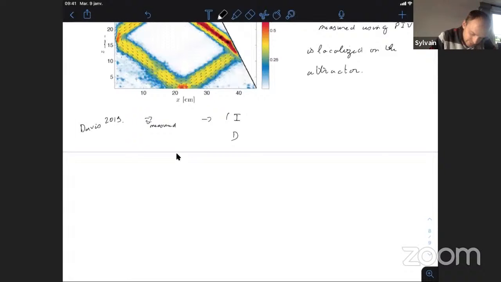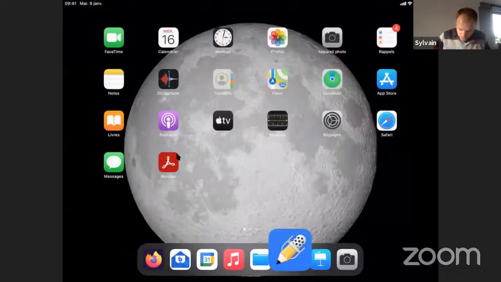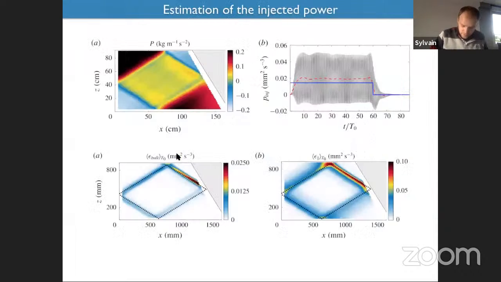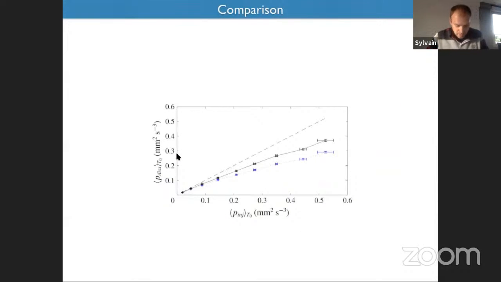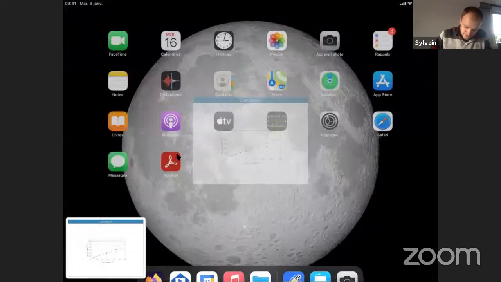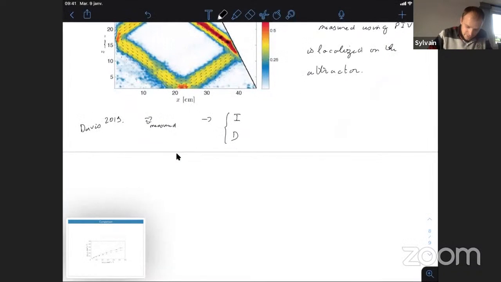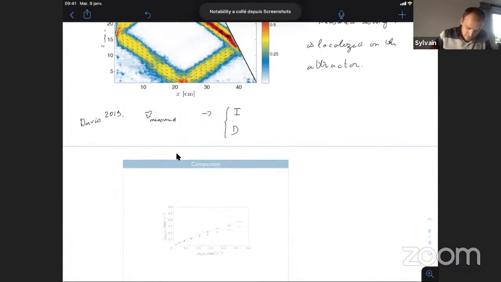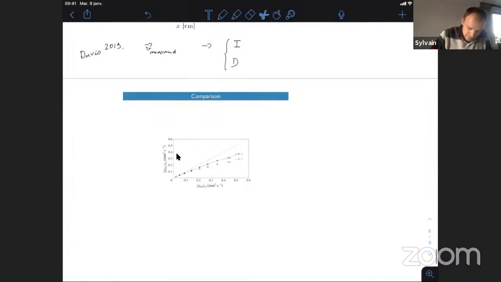And I will just show you this comparison, which was what was obtained experimentally.